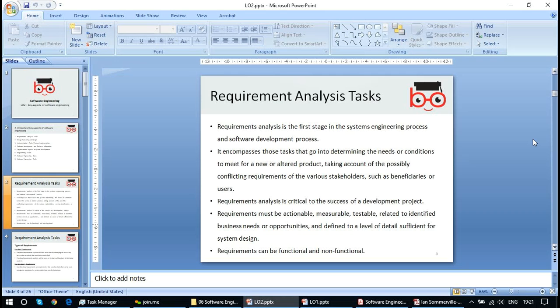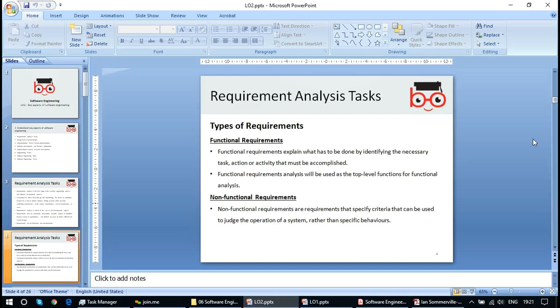Not near to the correct. Then the non-functional basically describes what the system should do, and the functional is what it actually does.